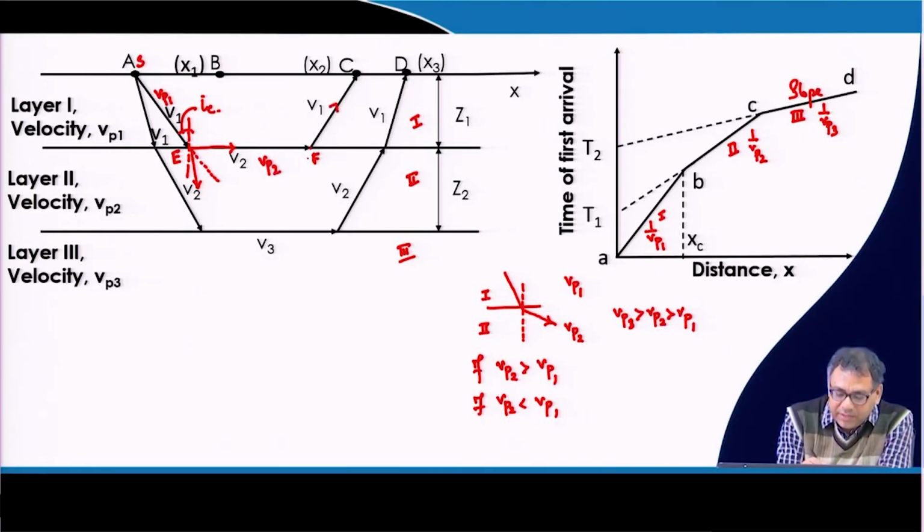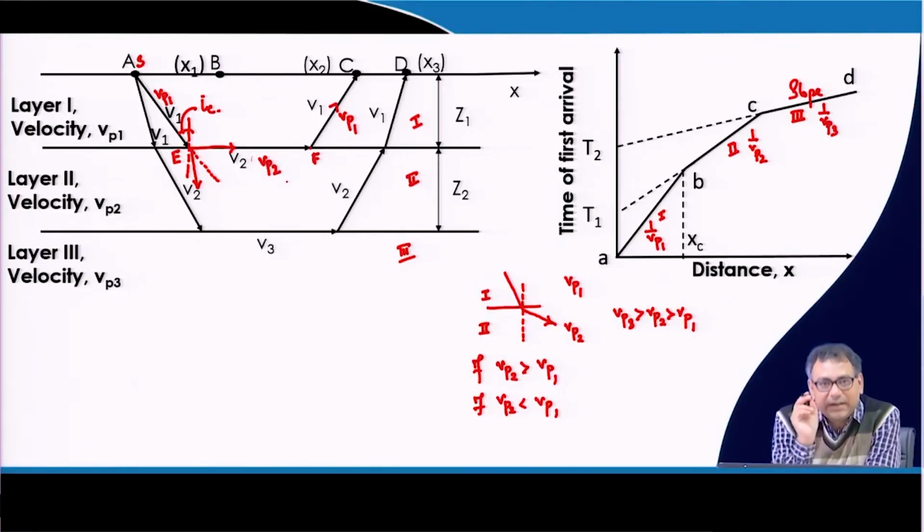Again from F to C it will travel with a velocity of Vp1, because this is the interface between the second layer and the first layer. Vp2 is greater than Vp1, so the travel time will decrease, because as the distance between A and C decreases, the distance the wave travels with a velocity of Vp2 will also decrease.